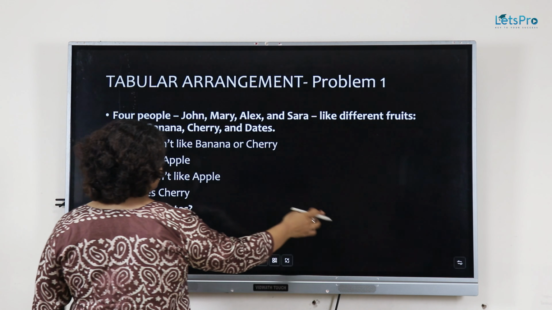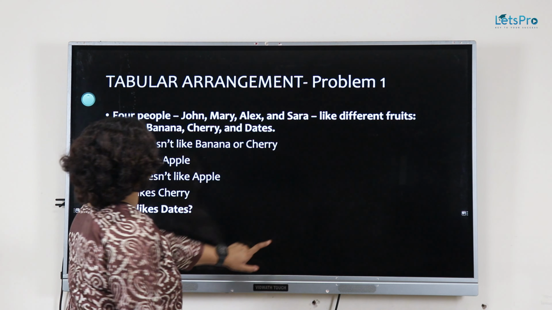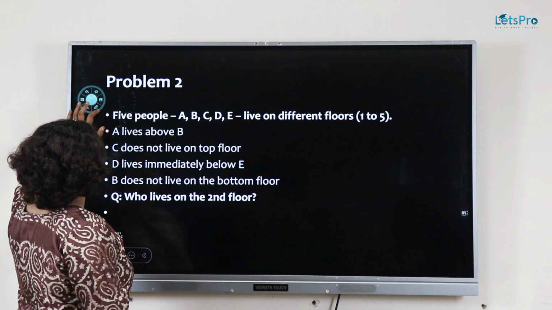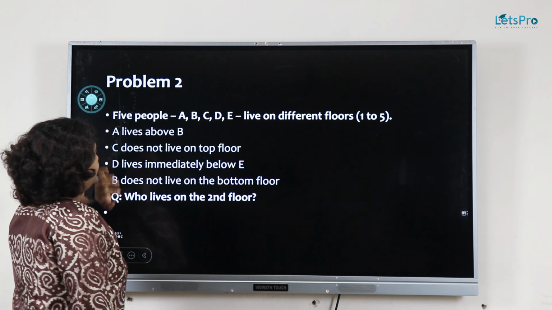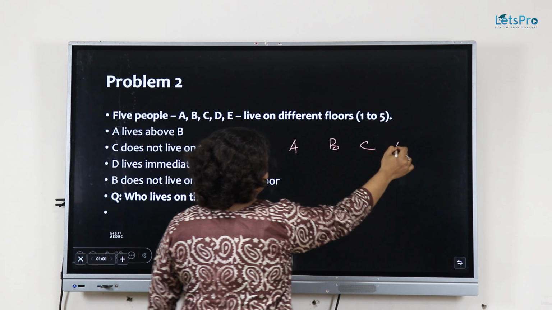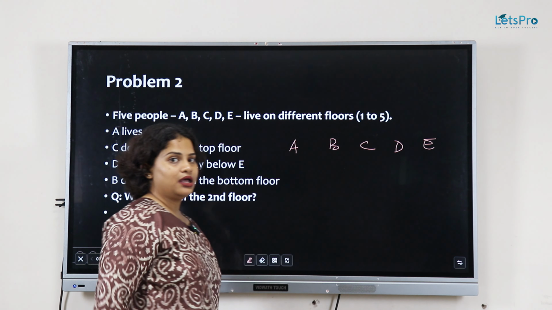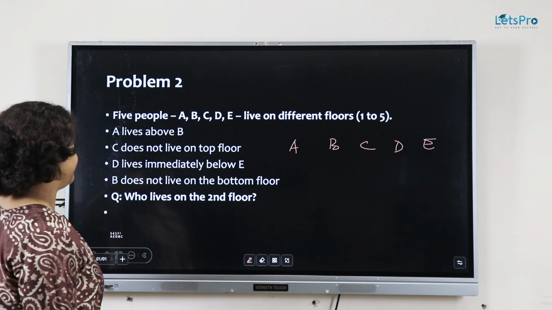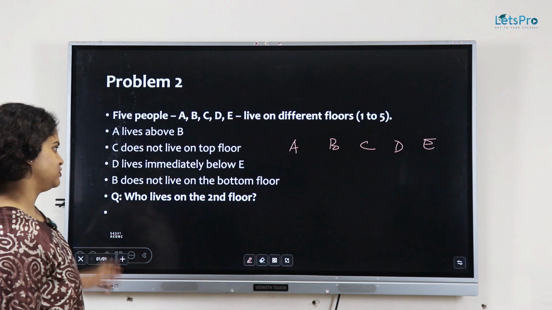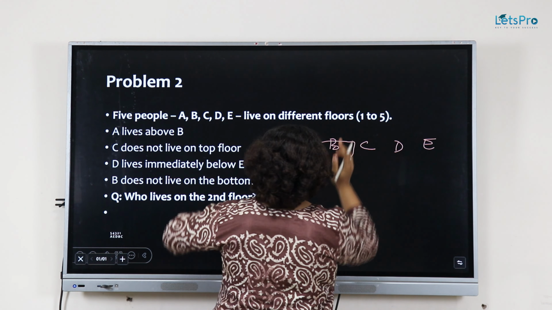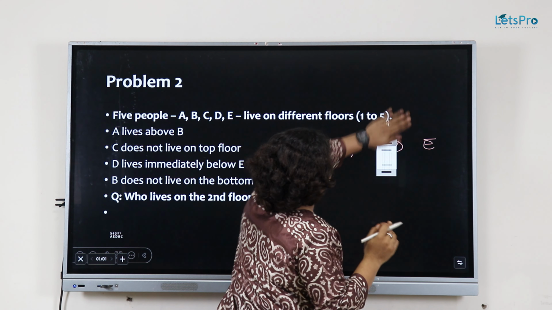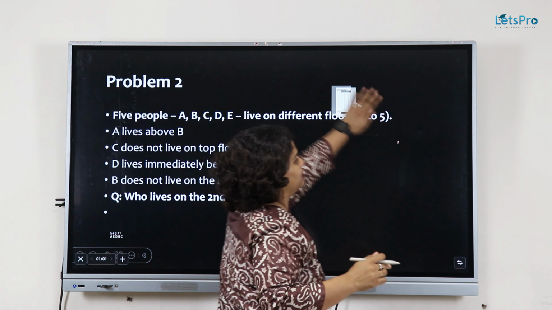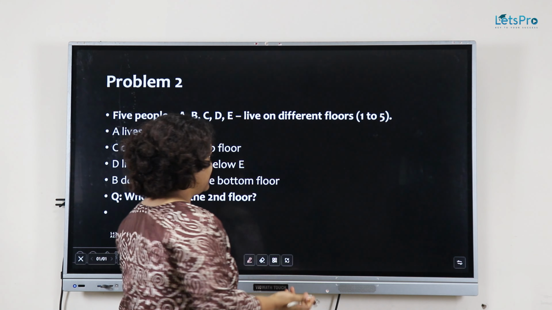Okay, now let's go to the next one. 5 people, A, B, C, D, E, live on different floors. Let's take this as A, B, C, D and E. Instead of writing like this, I think it's better if we write it in the vertical format, because we are talking about stairs or floors, therefore it's easier.